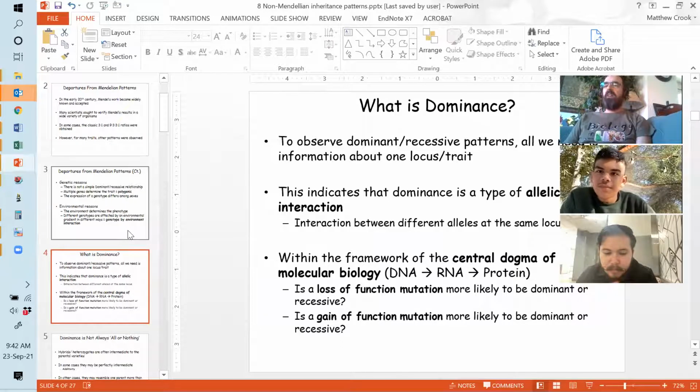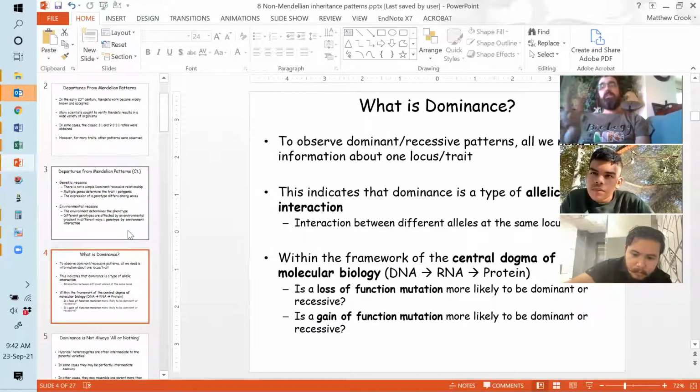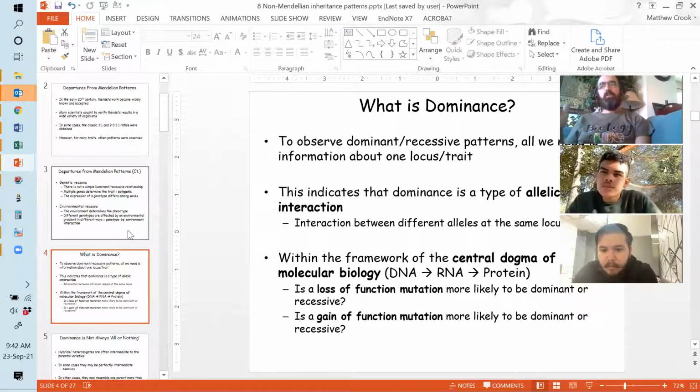so essentially, when we talk about dominance, really we're talking about function. So there's two things actually. It's interactions between alleles, but if you go a step or two further, really what you're talking about is function. Does that protein function?